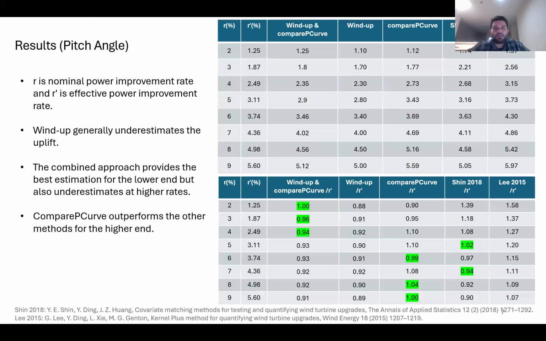So results for these methods and other methods in the literature are summarized in two tables. R is the nominal power rate. Pitch angle was a simulation study.